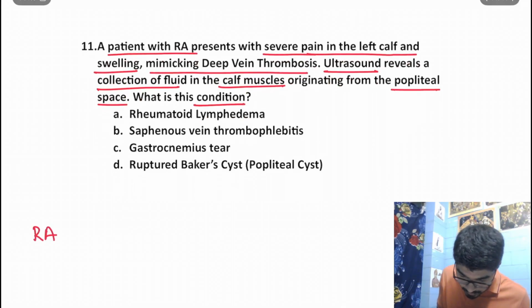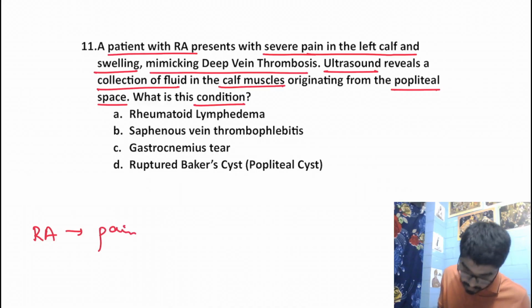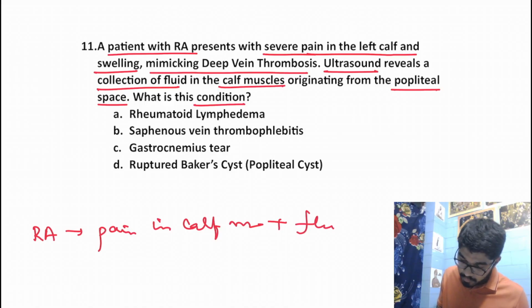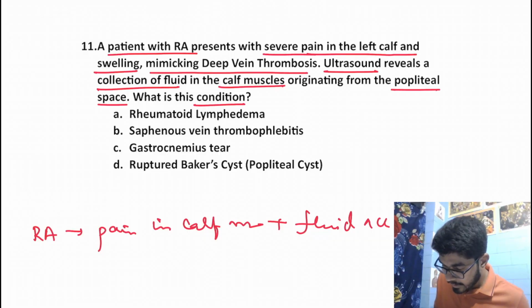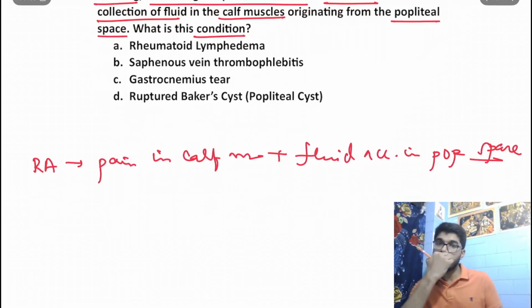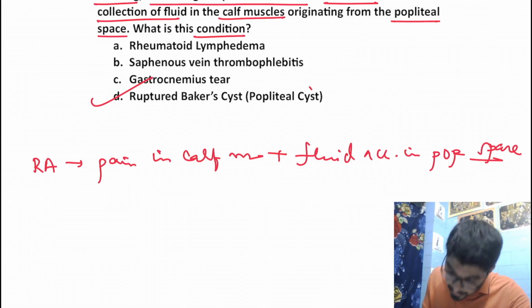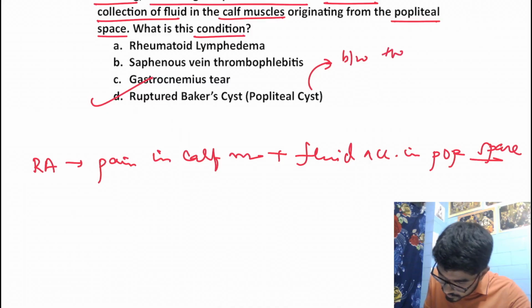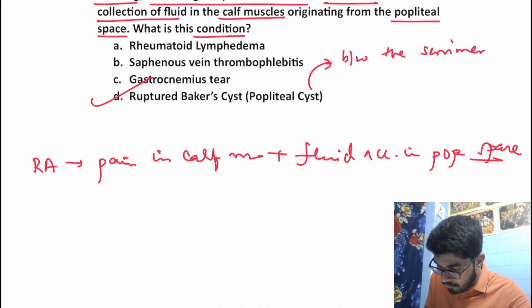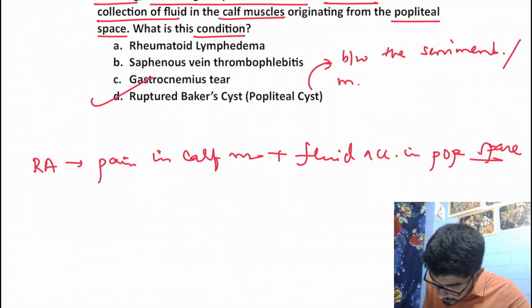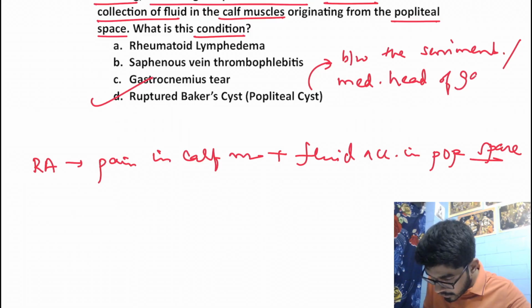Remember that in rheumatoid arthritis, if there is pain in the calf muscles plus fluid accumulation in the popliteal space, it is without doubt a ruptured Baker cyst or ruptured popliteal cyst. This is actually located between the semimembranosus muscle and the medial head of gastrocnemius.